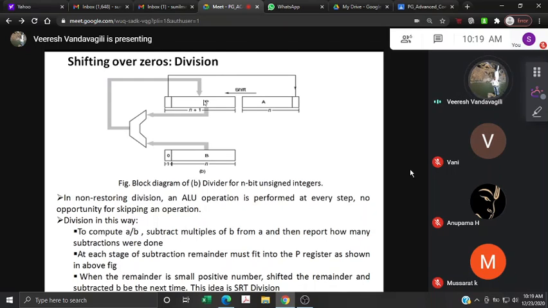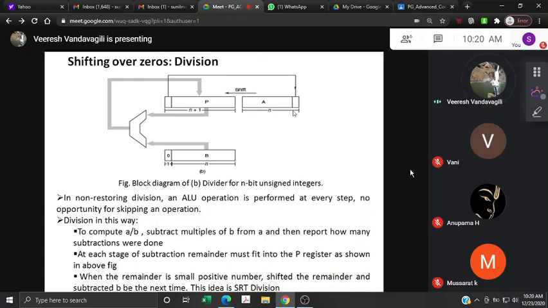Then it checks whether the result is negative or not. If the result is negative, then A will be loaded with zero, and if it is not negative, then A will be loaded with one.